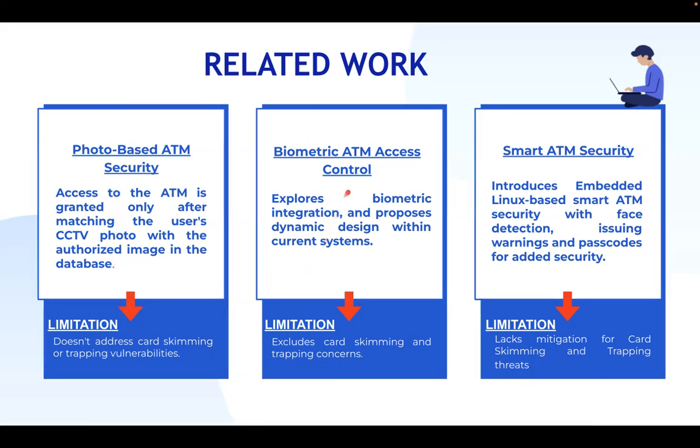There's biometric ATM access control as well, wherein fingerprints and eye retina are scanned. But this also doesn't mitigate the issue of card skimming and card trapping. And there's smart ATM security as well, which checks for a face when a user tries to use the ATM. If a face is not detected, warnings and passcodes are generated for security purposes. So all these papers also do not address the card skimming and trapping concerns.